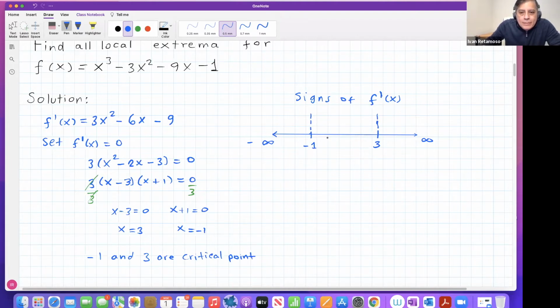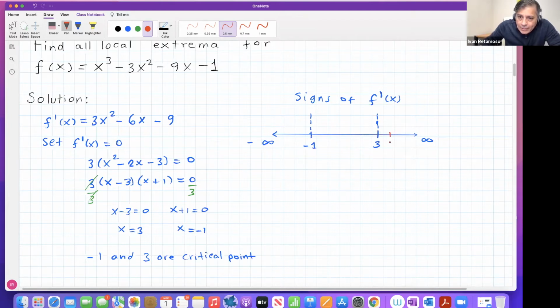One sub-interval, another one here at the center, and another one here, right? 3 sub-intervals. Now, you must figure out what is the sign of your derivative over these 3 intervals, right? For that, guys, this is the method. We are going to use a test point for each region. I am going to start here on the rightmost region. I'm going to try to figure out what is the sign of the derivative here.